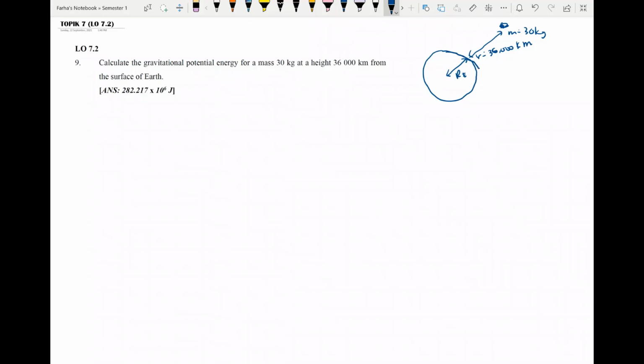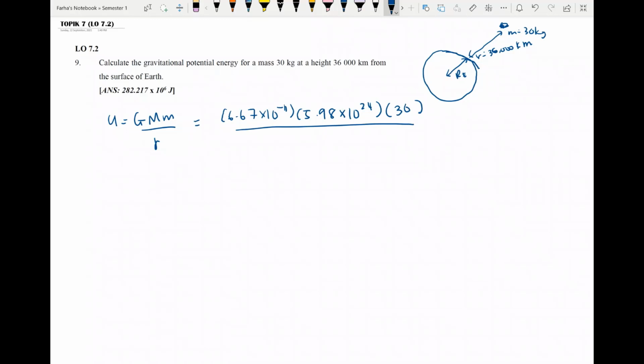To calculate the gravitational potential energy, we can use U equals GMm over r. Then we substitute all the information given. The mass of Earth times the mass of the object over r. r is the distance from the center of the Earth until the position of the mass.